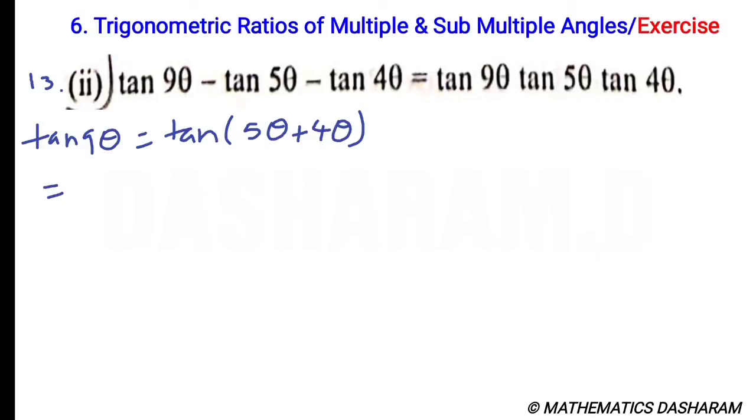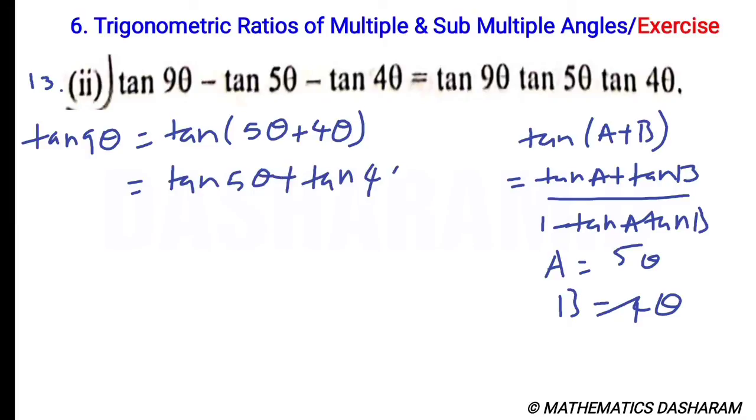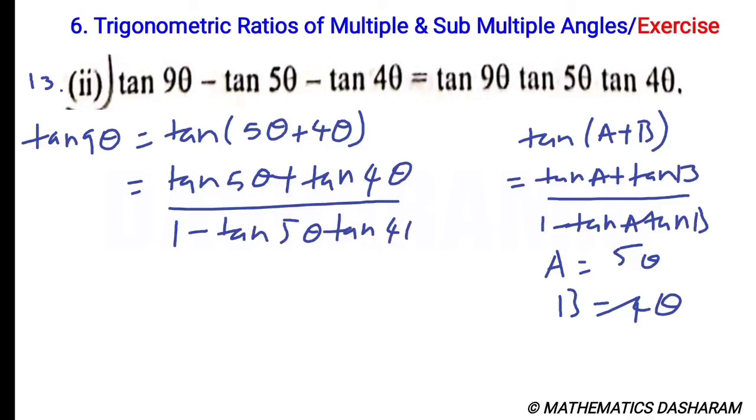So it is the tan A plus B formula, where A equals 5 theta and B equals 4 theta. So tan 5 theta plus tan 4 theta divided by 1 minus tan 5 theta into tan 4 theta.